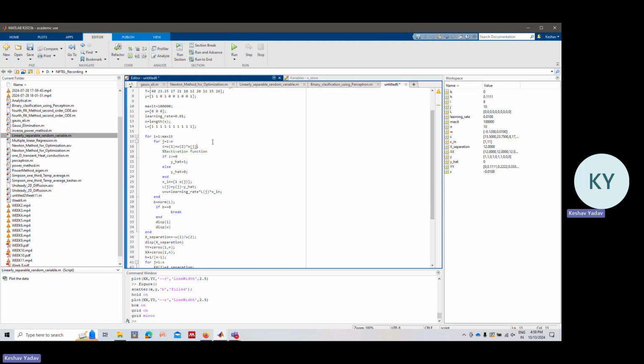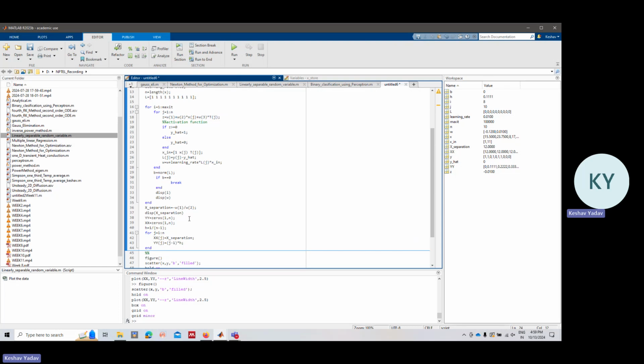Now in this case, my Z will be W0 plus W1 X plus W2 T. Everything else will be the same, but my separation line will be different. What will my separation line be?